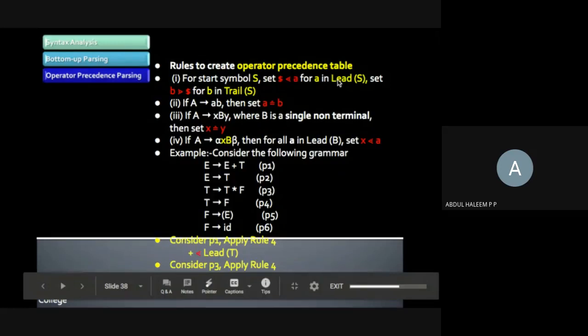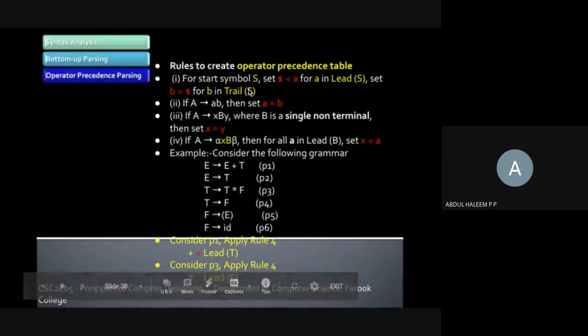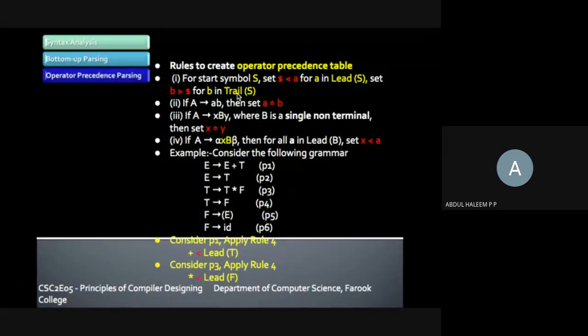So we have to take the lead element and trail element of S. There will be only one start symbol in parsing in a CFG, so rule number 1 is special to the start symbol. It is a blind operation.